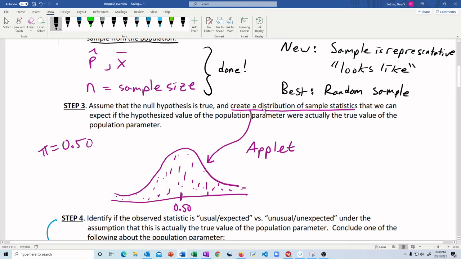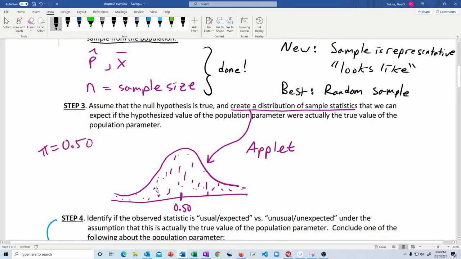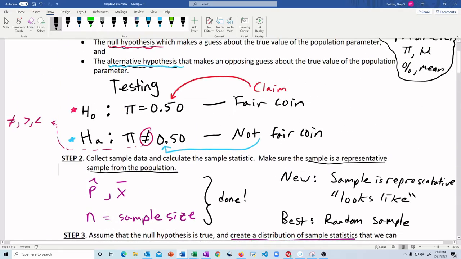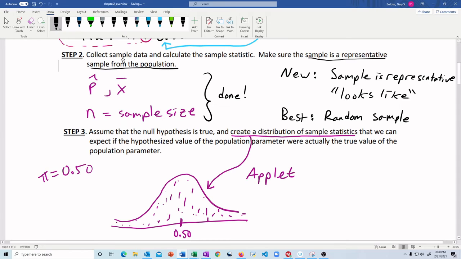So, big key point here, create a distribution of sample statistics. We've already made these pictures using the applet. So I'm continuing my example from above here, where you told me fair coin. Okay, that's my null hypothesis, my nothing interesting. I take that number that you get me from fair coin, I bring it down here and I say, okay, computer, I want you to take samples, just like I did up here, from my actual sample, right?